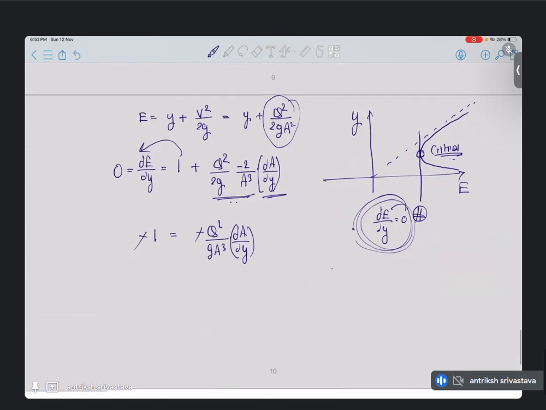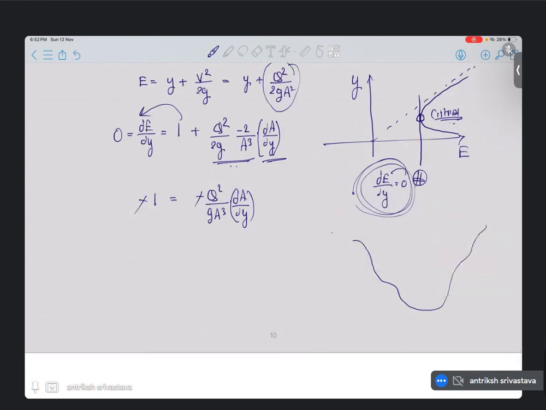Now in a channel, if you see this, this is the area. If you look at a small depth at the top of the channel, a very small depth, that is dy, this will be a small area, that is dA.